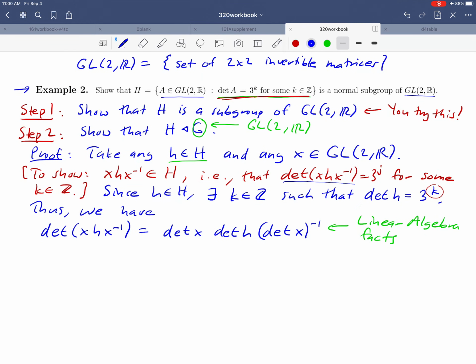Then we look at what we've got. It might have been a while since you've done one of these, but taking the determinant of a matrix gives you a scalar, a number. So even though x and h are matrices, these determinants are just real numbers, which means that we're free to change the order around. We're just talking about real number multiplication here.